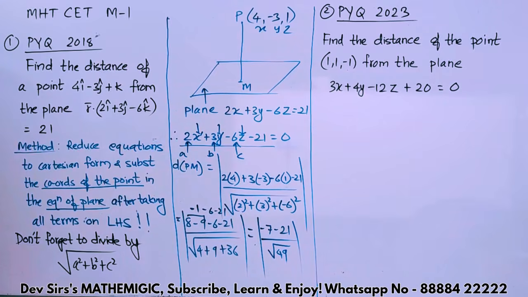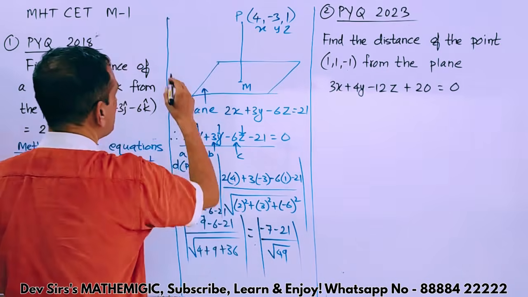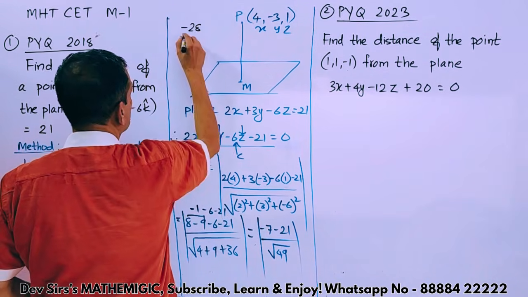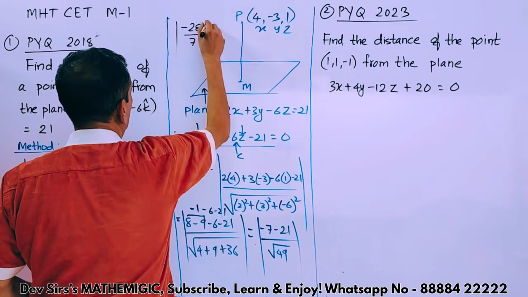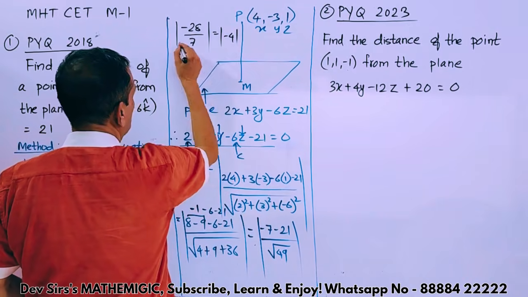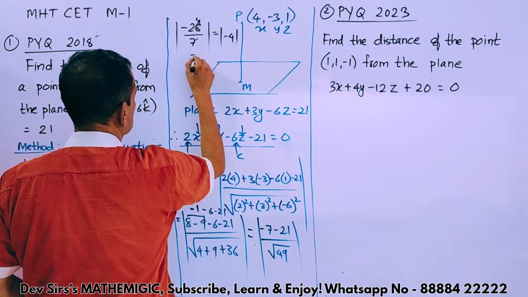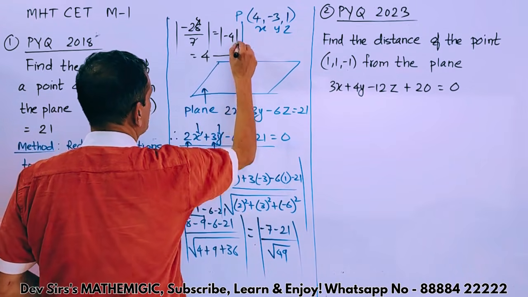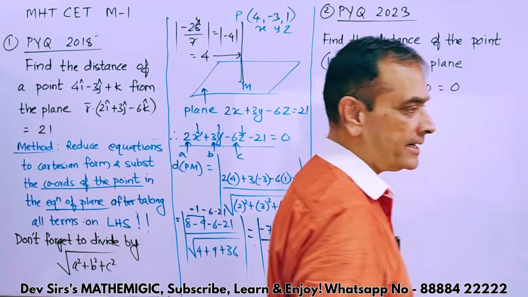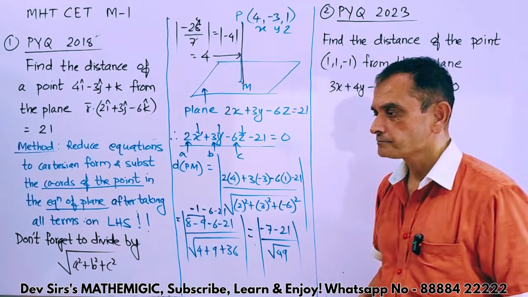So last step, I will just write the answer here. Minus 7 minus 21 is minus 28, root 49 is 7. Minus 28 upon 7 is absolute value of minus 4, 7 fours are 28, so absolute value of minus 4 is plus 4. That is this distance PM, the distance of the point from the given plane. Simple way to find out.